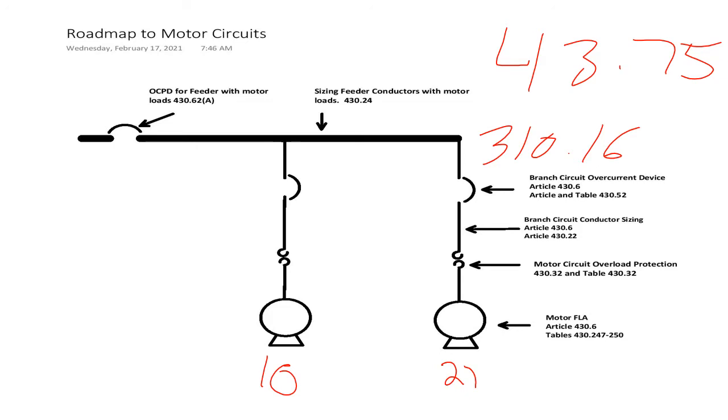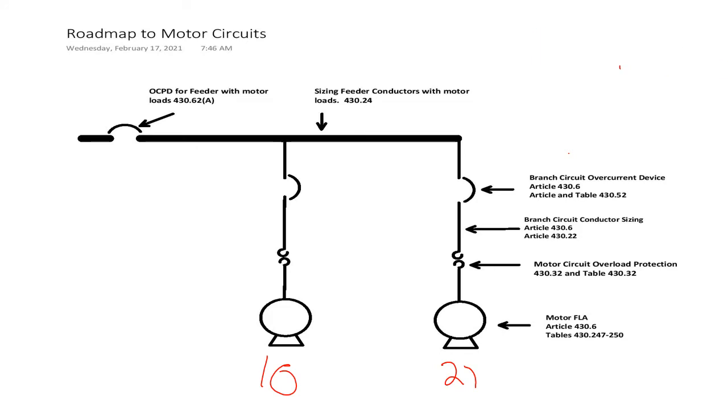So that being said, let's look at sizing the overcurrent protection device protecting that feeder. The overcurrent protection device protecting that feeder would be based off of the largest overcurrent protection device on the individual branch circuits of the same style.